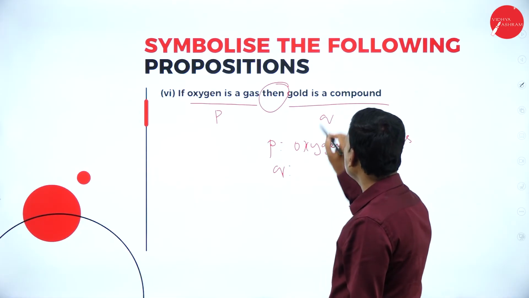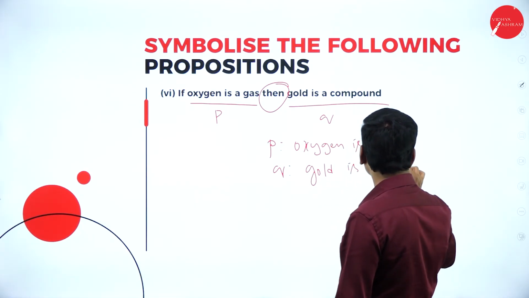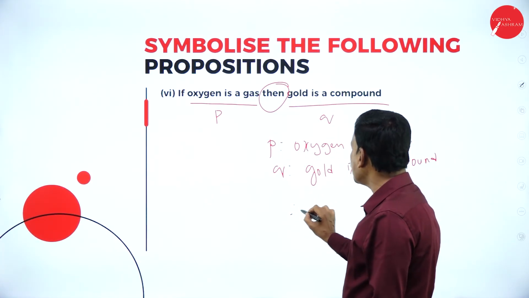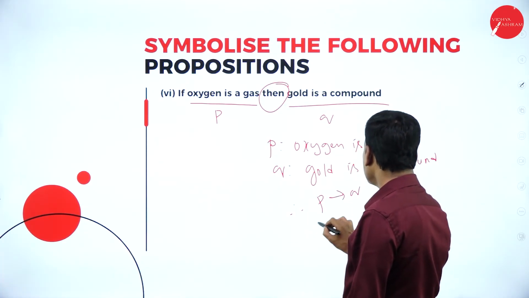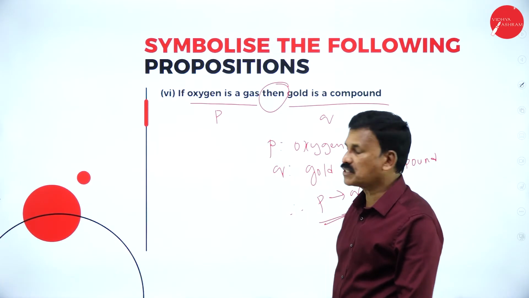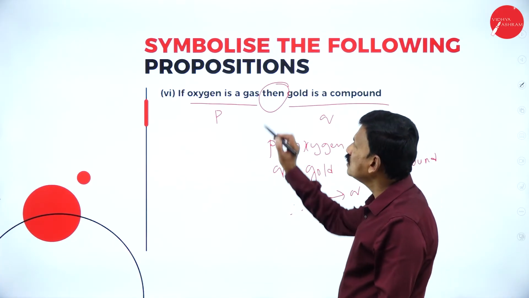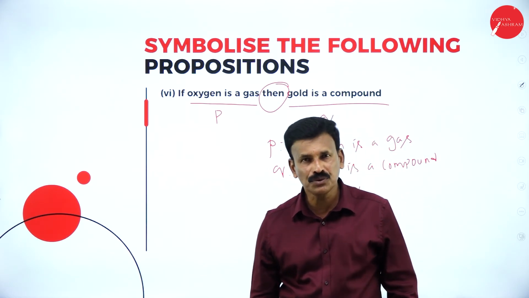And what is Q? Q is nothing but gold is a compound. So these are connected by conditional. So therefore the symbolic representation of this statement is P conditional to Q. So if then is nothing but P conditional to Q.